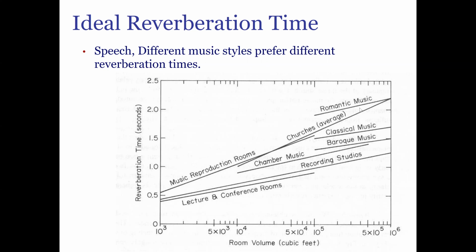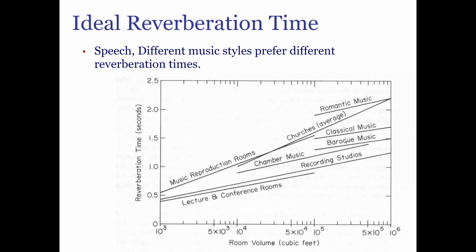Romantic music is rather slow. The notes flow from one into the other very well. So long reverb times are nice there. Shorter reverb times are better for chamber music, where there's a lot of distinction in the notes. It's very percussive to the playing, and so you don't want the reverb from the previous notes to overwrite the definition that you have in the music.